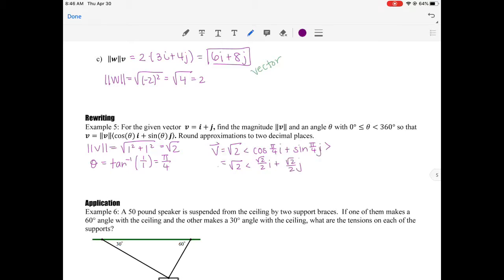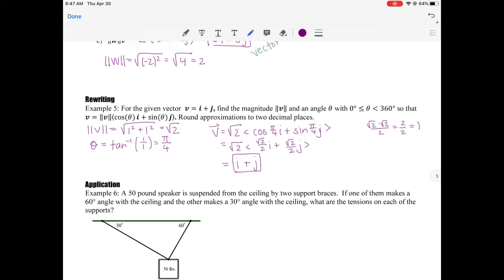Sorry, I wrote that as another j. That should be an i, as it should be j. Now distribute your square root of 2. The square root of 2 times the square root of 2 over 2, that's simply 2 over 2, which is equal to 1. So this vector resulting is going to just be 1i plus j. So it was not necessarily to approximate here, but it may be in the problem you're given on your homework.